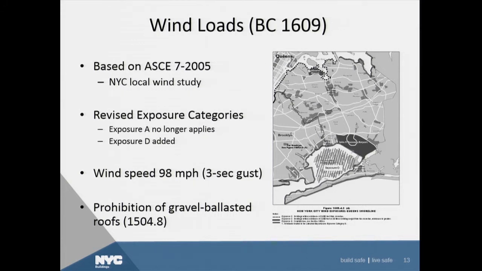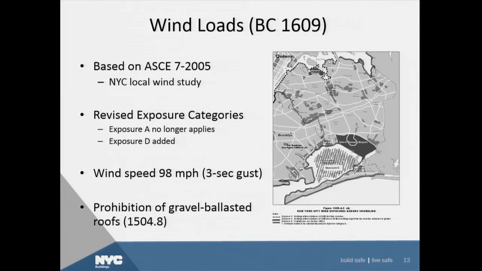Now that may also apply depending on how much re-roofing you're doing. So going forward, gravel ballasted roofs will no longer be permitted as a new construction material. And if you have an existing one, if you are re-roofing, you may be required to replace it with something else, depending on the scope of work you're performing. And this comes mainly as a recommendation from the National Council of Structural Engineering Associations.